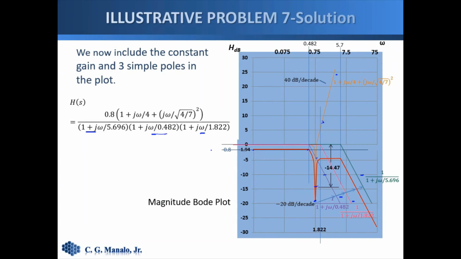So it goes up to this point, and then from there, since the quadratic zero plot starts to go up, the plot goes up until here it flattens out, because the slope of this and the slope of this combine to offset the slope here of 40 dB per decade. So it becomes a flat line until here, where it starts to go down again with a slope that is the same as this one.